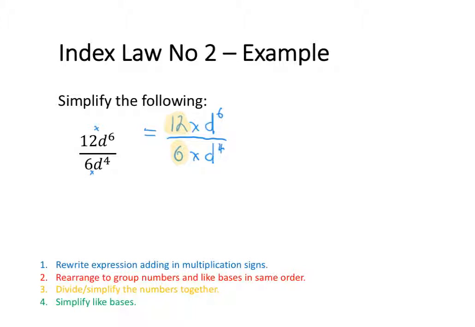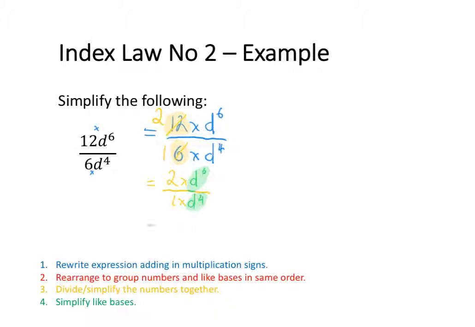Now, I can also show that by going 12 divided by 6 is equal to 2, and 6 divided by 6 is equal to 1. So that simplifies down to 2 times d to the power of 6 divided by 1 times d to the power of 4. So the next step is to simplify my like bases. And I've got a d to the power of 6 in my numerator and a d to the power of 4 in my denominator. So using the second index law, I know I can subtract those indices to simplify.